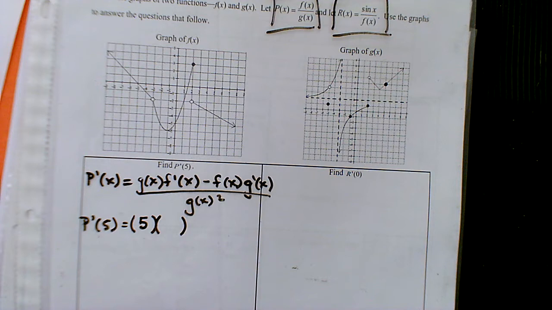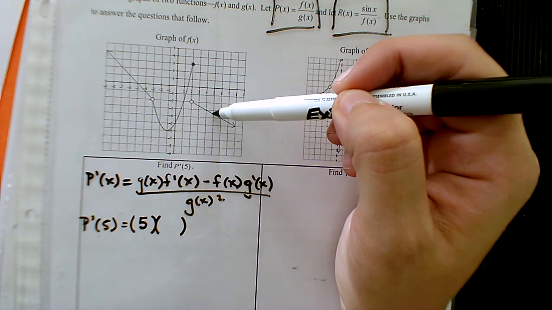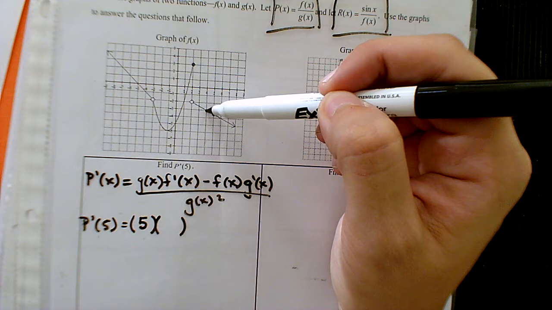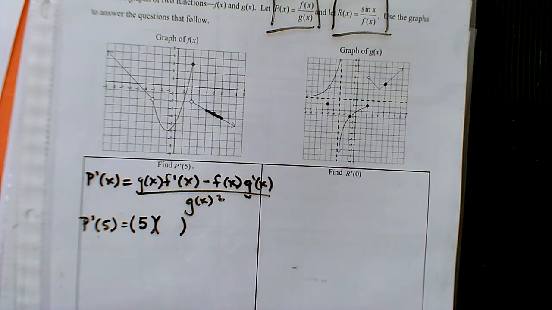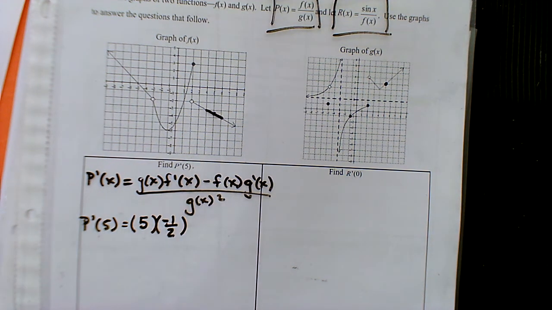So the slope of the f graph at 5. So if you go to the f graph, plot the point, what does the slope of the graph look like at that spot? In other words, what's the slope of that line? Close. You go down one, and negative a half. There you go. Down 1 over 2.